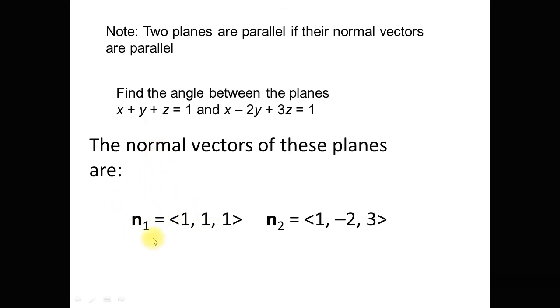So this is the normal vector for the first plane. Now in the other equation of the plane, the value of a is 1, the value of b is minus 2, and the value of c is 3. So the other normal vector n2 has components 1, minus 2 and 3.